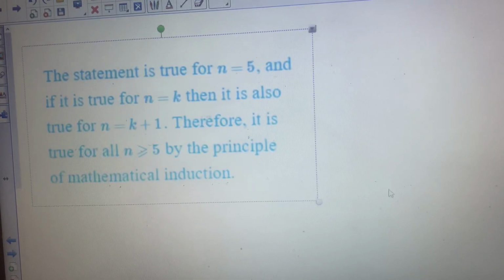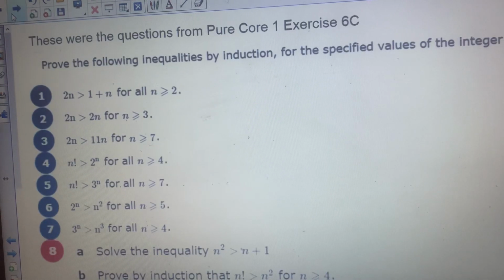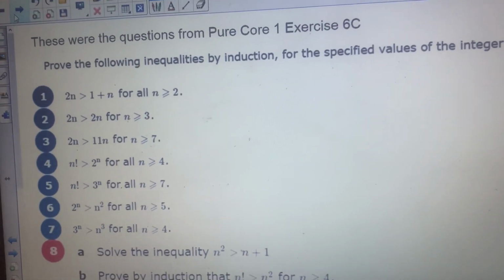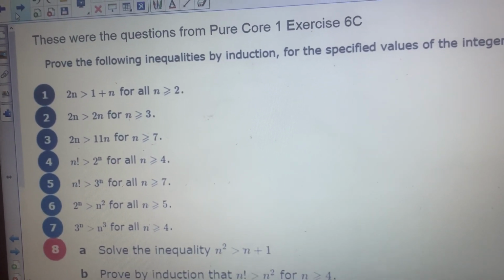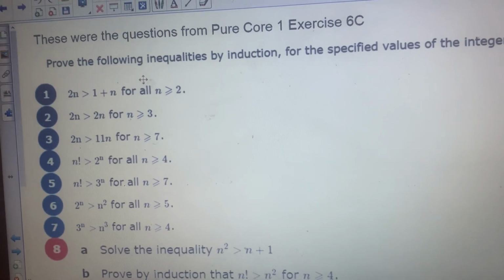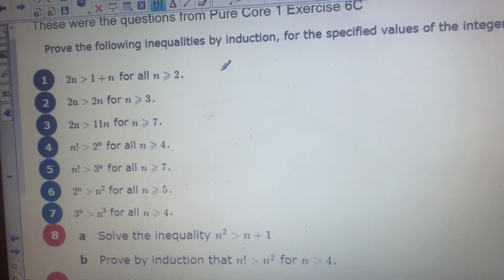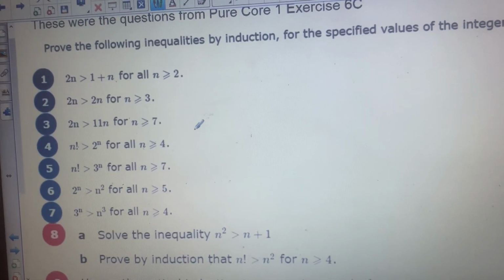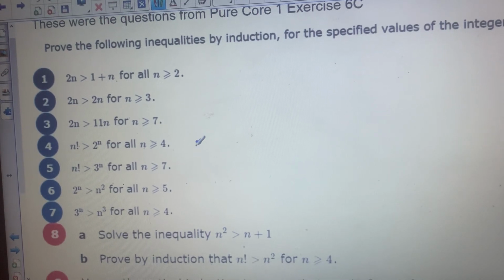Okay, so that's a little recap of Year 12 work. Here we have some questions from Pure Core 1, Exercise 6C. I think it would be good for you to have a go, or you may remember having done these before, at a couple of these factorial ones.